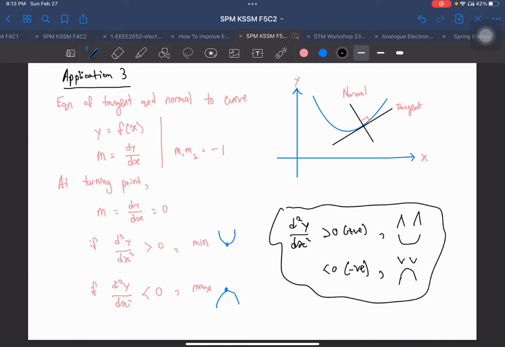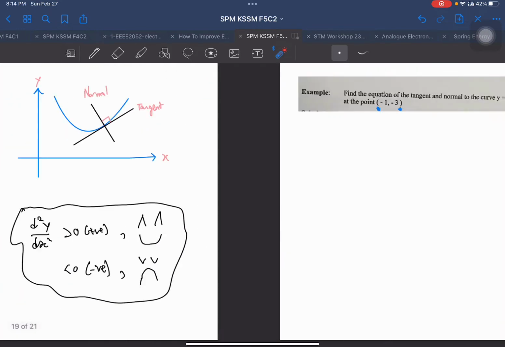In the diagram, this is a curve and this is a tangent. The gradient at any point on the tangent is given by dy/dx. For the normal, the gradient is found using m1 m2 equals negative 1. So, talking so much, let's move on to a simple question.